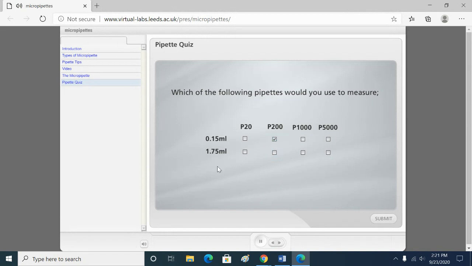And if you had 1.75 milliliters, how many microliters is that? 1,750. Right. So which pipetter would you use for that? The P5000. Yep.